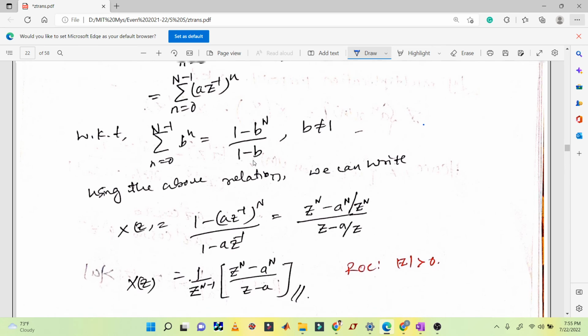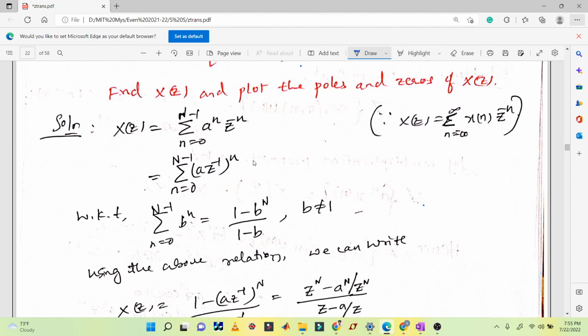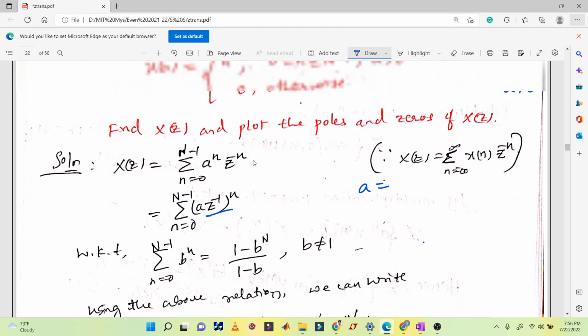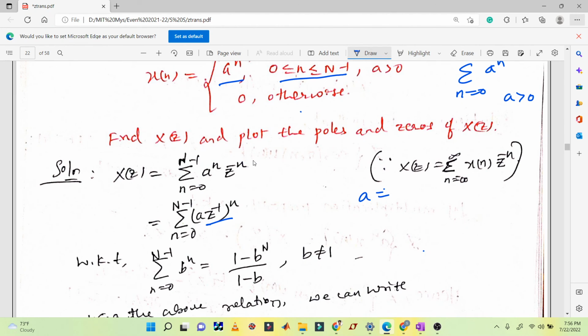Based on those conditions we have to write the equation. In this problem, we are assuming that a is greater than 0, but a is not equal to 1.